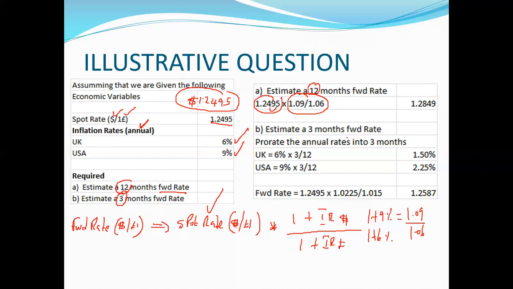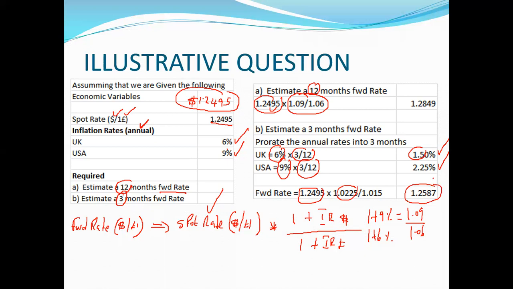If it's 3 months, you need to go back to these rates and prorate them. The 6% multiplied by 3/12, and the 9% multiplied by 3/12. Then we take that and multiply by 1 plus those rates.